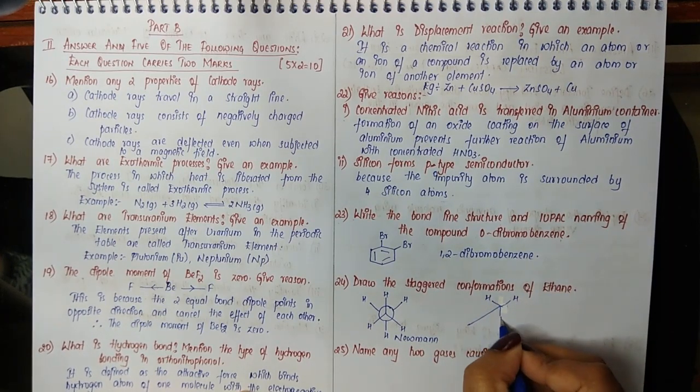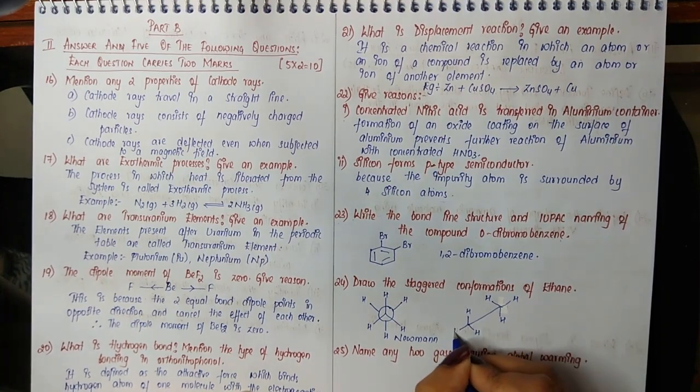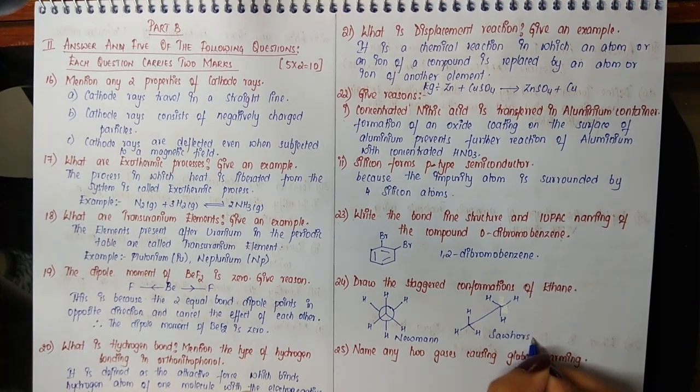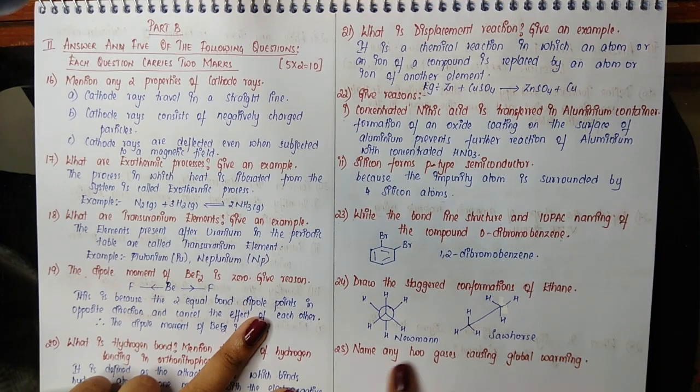So 1 mark for Newman and 1 mark for the Sawhorse projection. The last question in this part is name any two gases causing global warming. We have carbon monoxide, methane, CFCs. You can write any two.